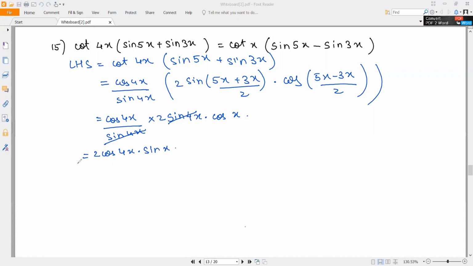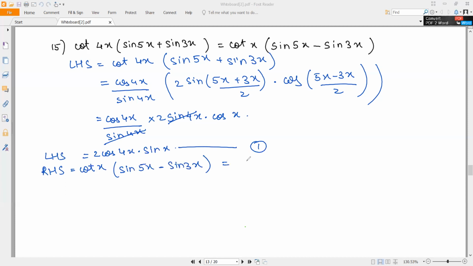Now your right hand side also looks like something like cot. So what you'll do is leave this LHS as it is, consider it as equation 1, and take the RHS now and try solving it. Cot x times sin 5x minus sin 3x.